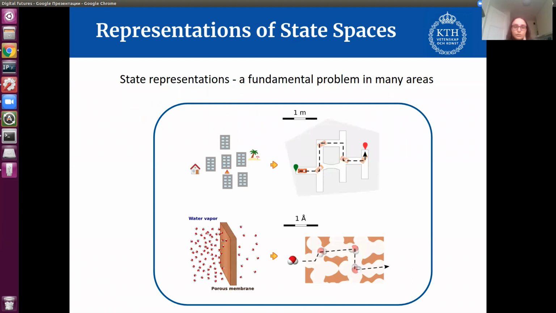So when we talk about state representations, we can think of problems that vary between different application areas and that can be represented in different scales. We can think about motion planning, for example, for a car or a fleet of autonomous cars, in which case our planning scale is the size of a city, so we measure it in meters.